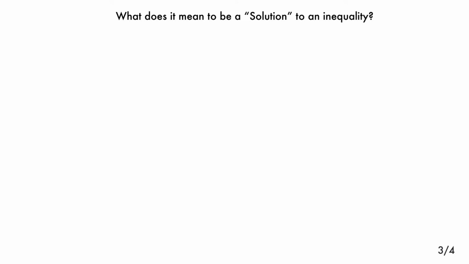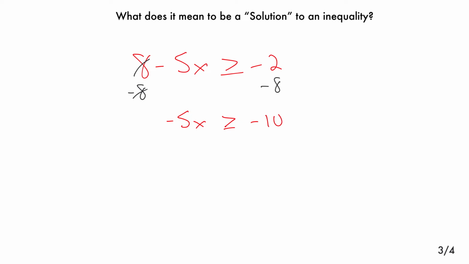So what I mean by that is, if you have something like 8 minus 5x is greater than or equal to negative 2, and we solve this by subtracting 8 from both sides. I also have a little review of inequality mathematics written in here. That's negative 10. We divide both sides by negative 5, and this is the thing that most students forget because they haven't dealt with inequalities in a while.